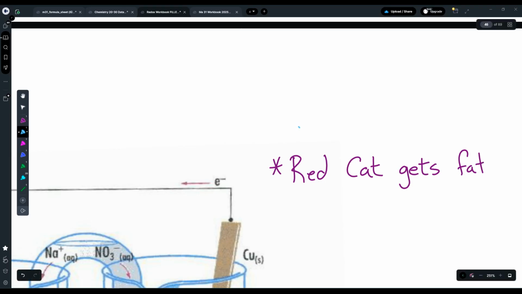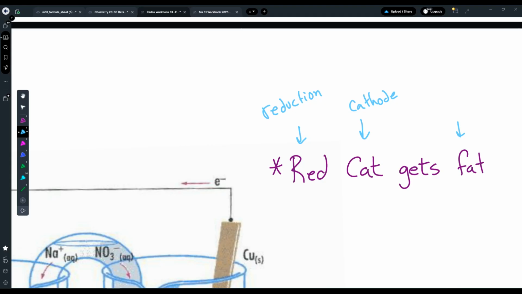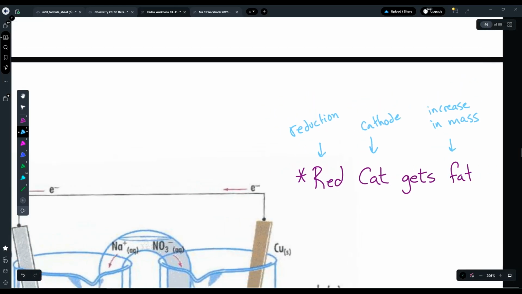What this means is reduction happens at the cathode and the cathode increases in mass. So it's very important that you understand that at the cathode, reduction occurs, and the cathode is going to be the electrode that increases in mass, if there's any electrode that does increase in mass.